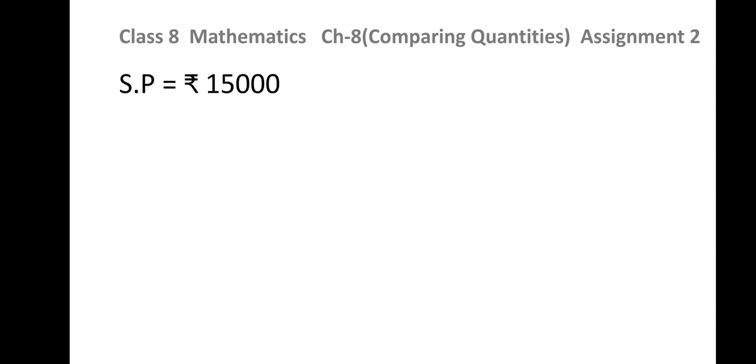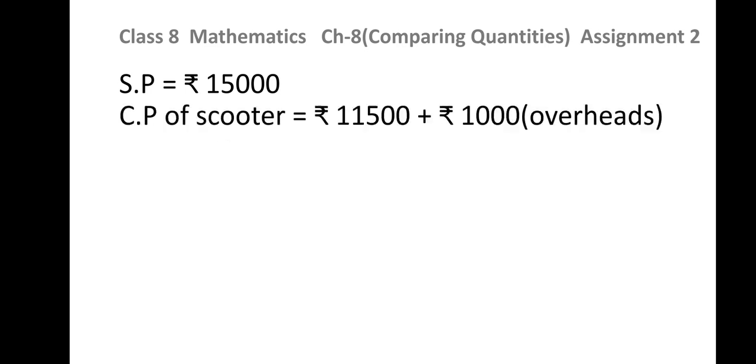SP is given to you as 15,000. CP of the scooter will be the sum of 11,500 plus 1000 rupees, that is the overhead charges, so it will be 12,500. So the CP of the scooter will be 12,500 and SP is given to you as 15,000.